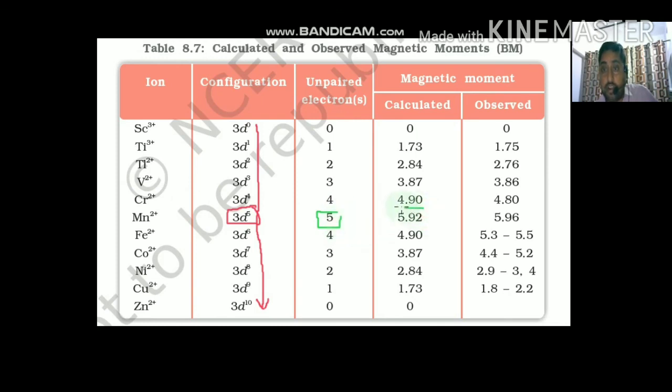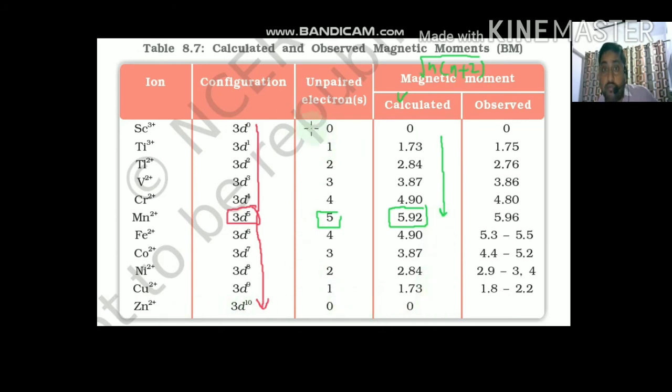So the value of Bohr magneton is maximum. It is the calculated value by that formula, the square root of n into n plus 2, and here is the observed value. So initially from 1.73 to 5.92 it reaches a maximum, and thereafter it decreases.